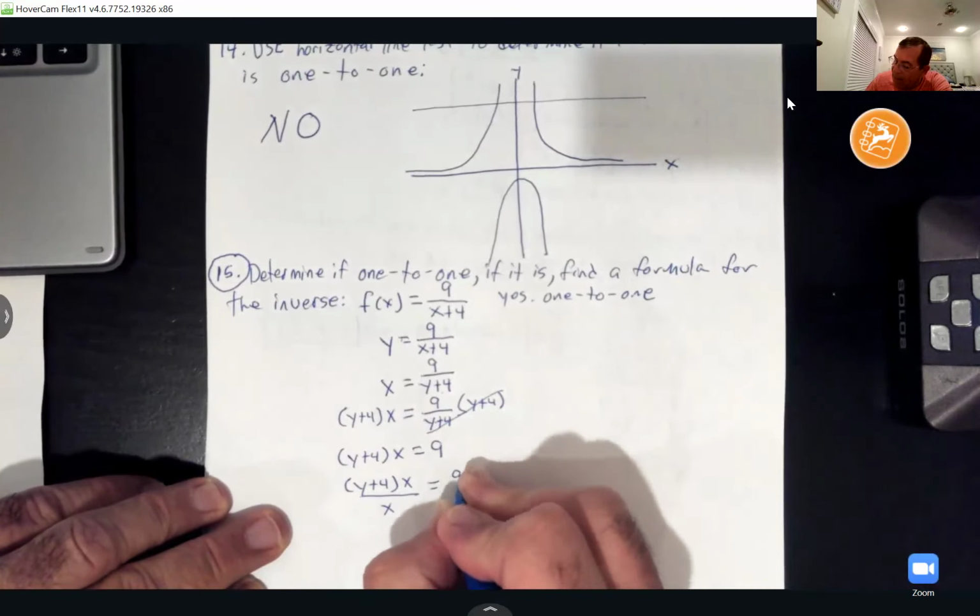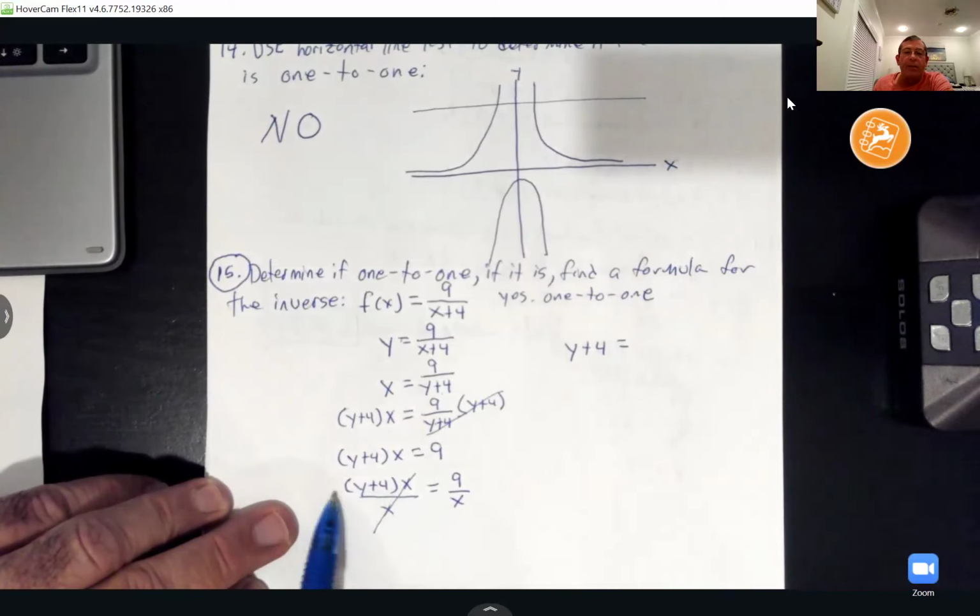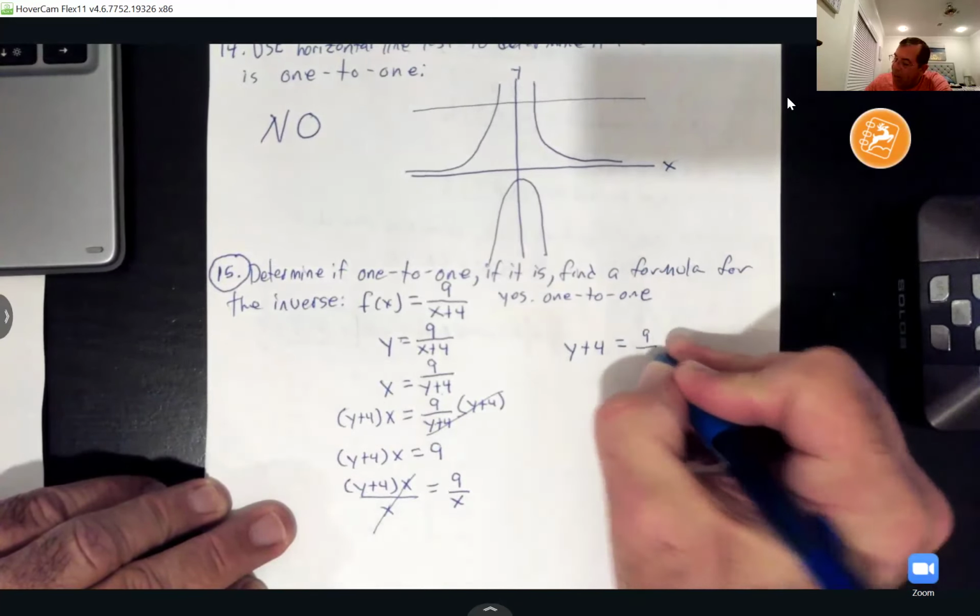But look what's happening. On the left side, those x's cancel out. So all that's left on the left side is y plus 4, and I don't even need parentheses no more. And on the right side, it's going to equal the 9 over x.